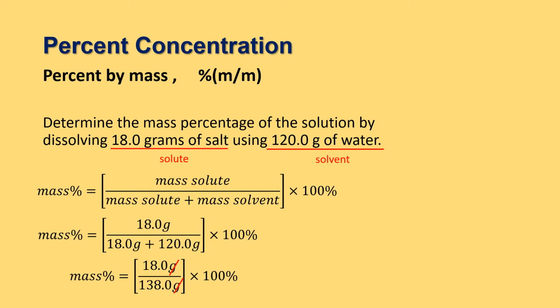So in this case, our answer is the mass percentage, or the percent by mass, equal to 13.04%. It means that since we are talking of percentage, for every 100 grams of our solution, there are 13.04 grams of salt or solute.